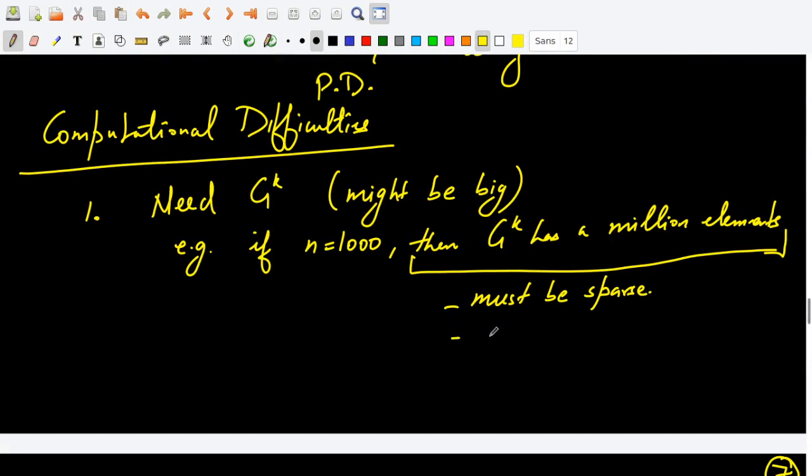And we must have good routines to compute G. So either the user has to specify what G is, and have a function written which generates these second order derivatives.